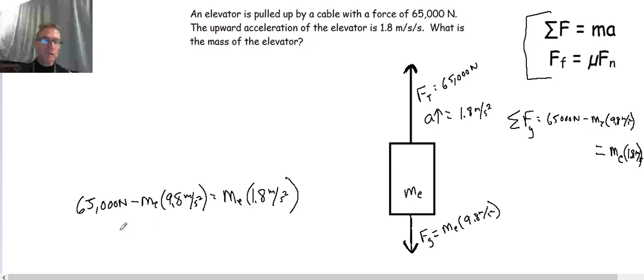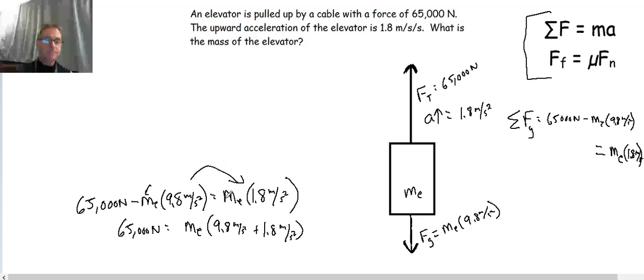I'm going to collect those together. So I have 65,000 newtons equal to me times 9.8 meters per second squared plus 1.8 meters per second squared. So this negative over here became a positive when I brought it over to the other side.